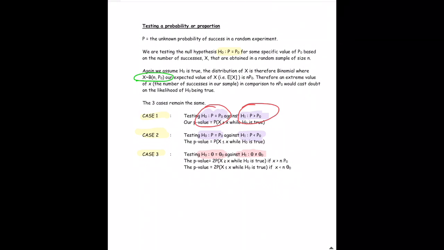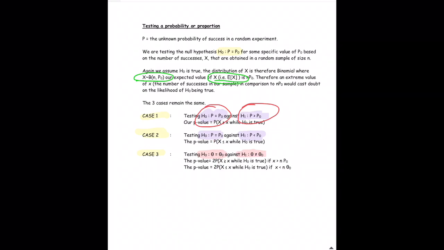So that is under H naught. We could then find out how many of our things we would expect on average by multiplying those two numbers. What proportion of our sample size would we expect to come up?